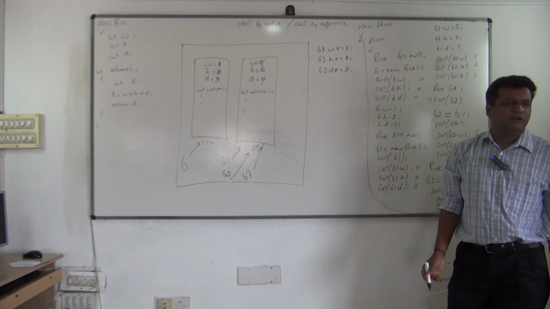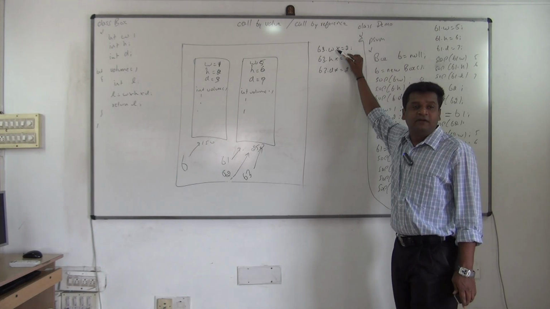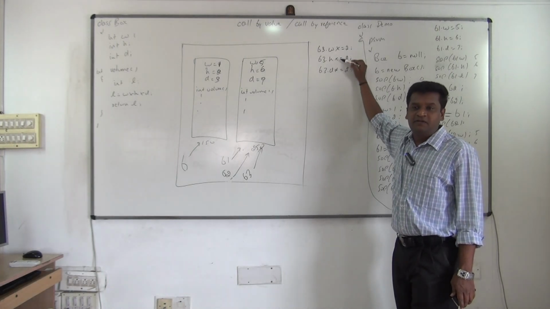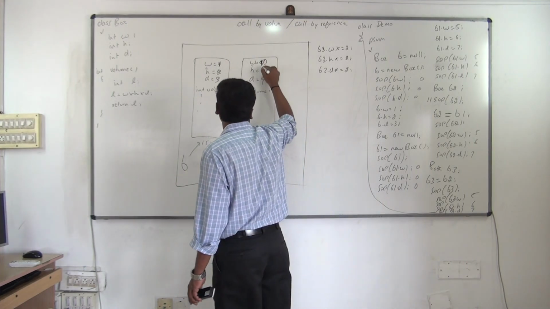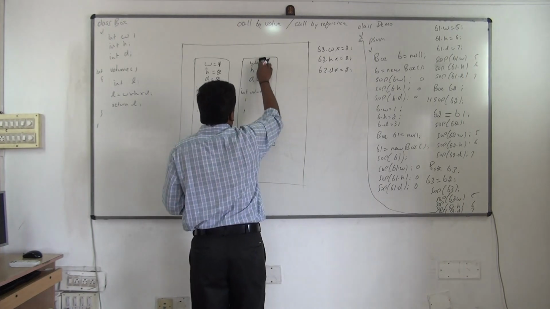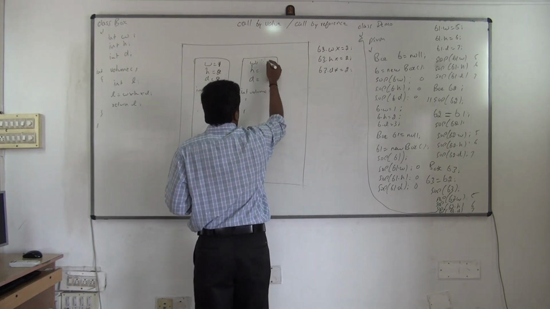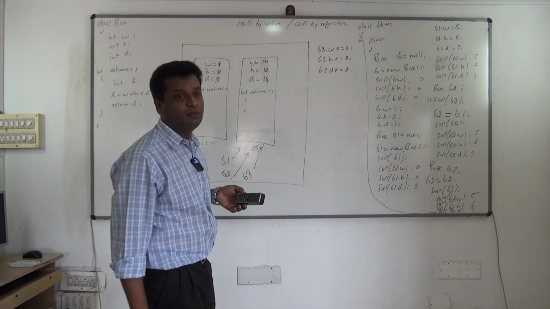See what will happen now. What is the value of B3.w? 5. Into 2 means 10. This will become 12. This will become 14. So where is it changed? Here. It changes here. It overwrites. So what was earlier 5, 6, 7 has now been changed to 10, 12, 14. This is changed now, modified.